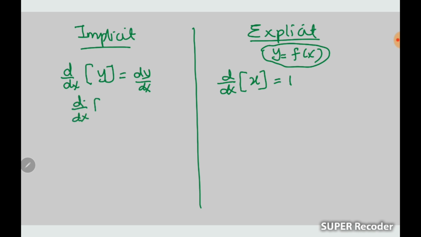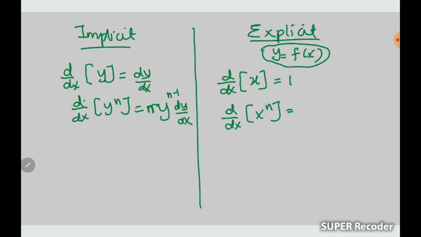Differentiate y to the power of n with respect to x: you bring n in front, copy y, the power n minus 1, then follow by dy/dx. But if you differentiate x to the power of n, the answer is nx to the power of n minus 1.